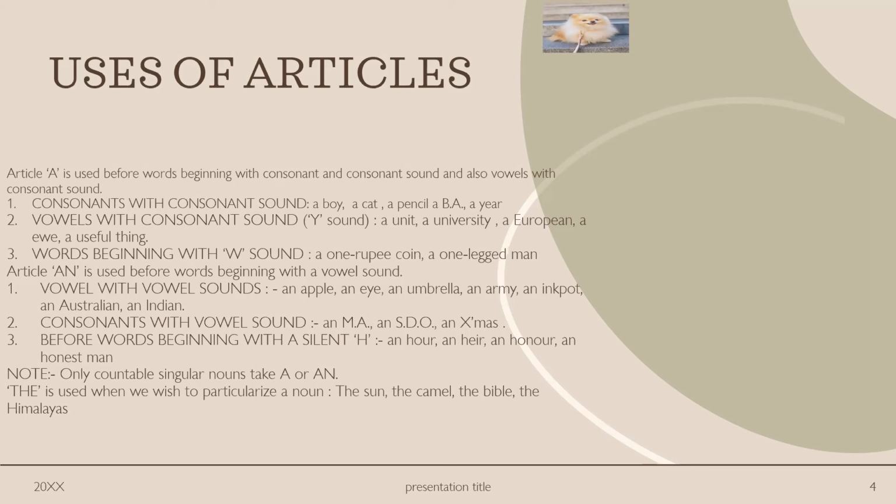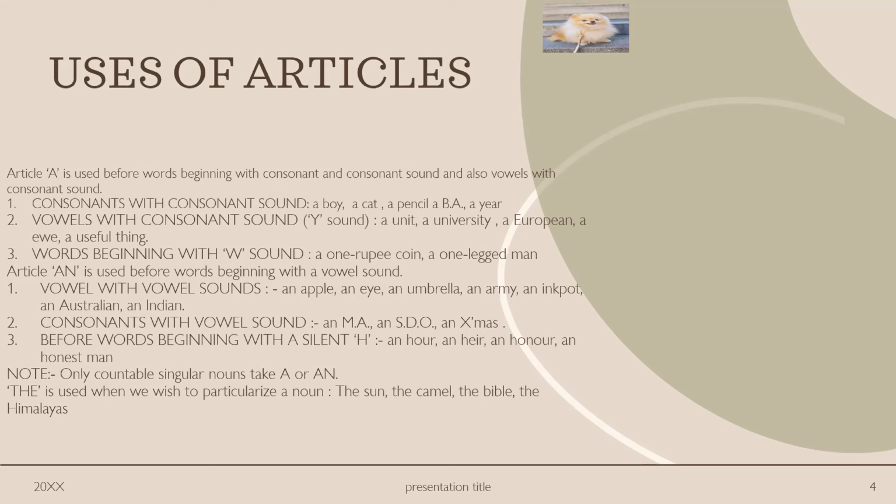Let's learn in detail the uses of the articles. Article a is used before words beginning with a consonant sound, and also vowels with a consonant sound. Consonants with consonant sound, like a boy, a cat, a pencil. B, C, P, all these are consonant sounds.